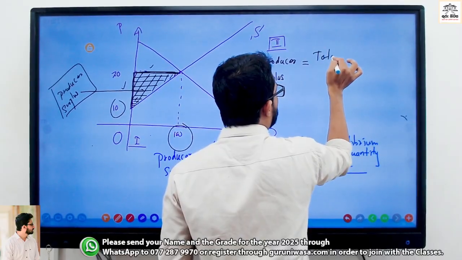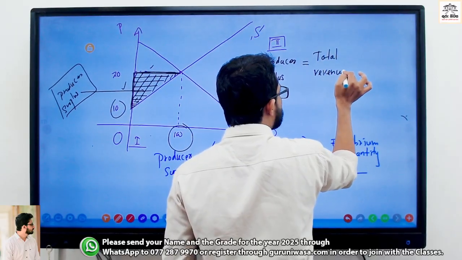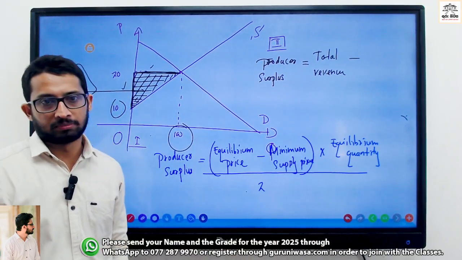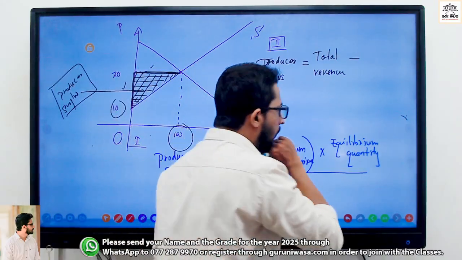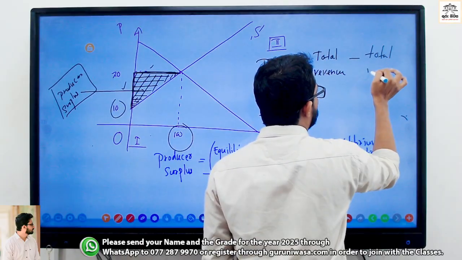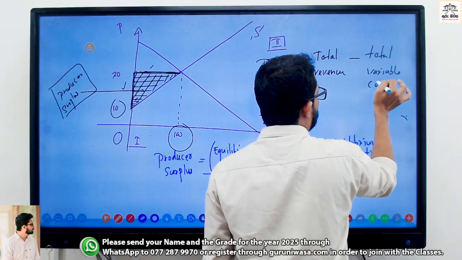What is meant by total revenue? Total income. Total revenue means total income minus total variable cost.